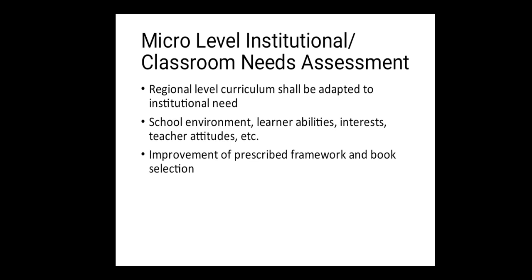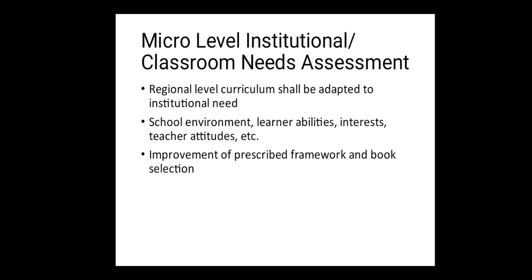Then improvement of this prescribed framework. There will be a framework provided by the region or state to institutions, and that prescribed framework shall be improved for the particular characteristics and conditions of the institution as well as the learners in the classroom, as well as selection of appropriate books.